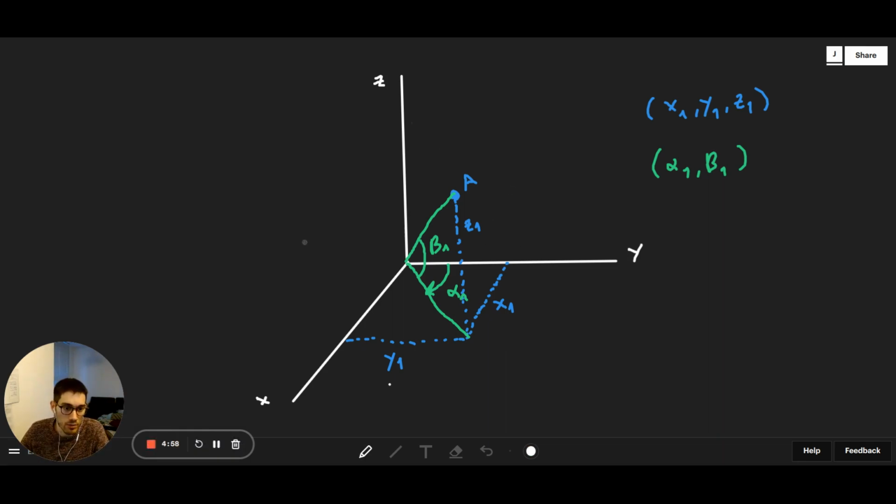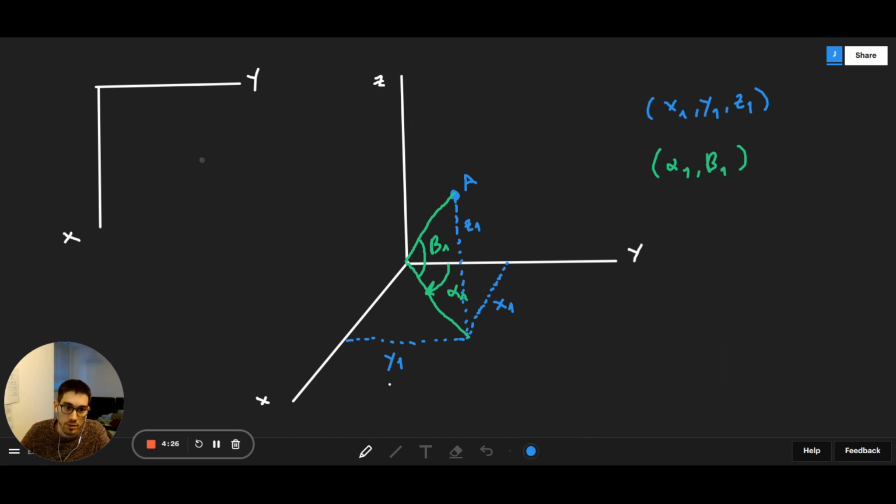Okay, so now what we're gonna do is express x1, y1, and z1 as functions of the angles alpha 1 and beta 1. To do this, first, let's take a top view from this coordinate system, where y is here and x is here.